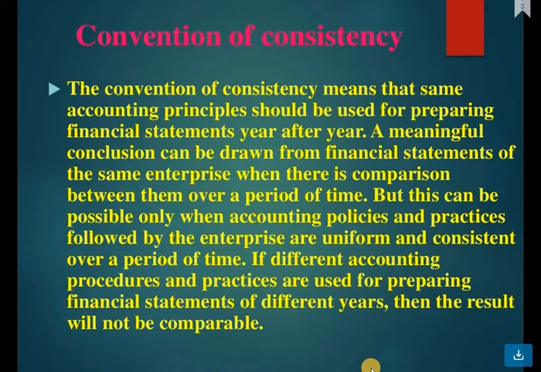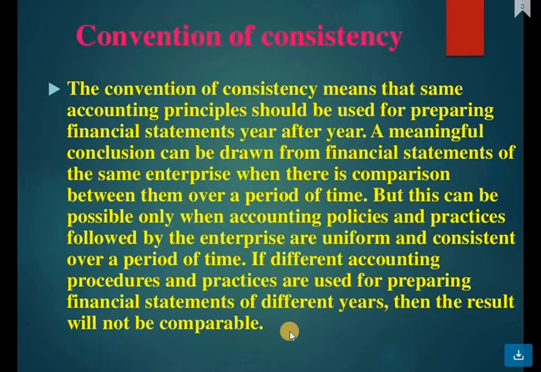But this is possible only when accounting policies and practices followed by an enterprise are uniform and consistent over a period of time. As I already said, there should be a uniform practice, that we should not change accounting policies and procedures from year to year. Then if different accounting procedures and practices are used for preparing financial statements of different years, the result will not be comparable.